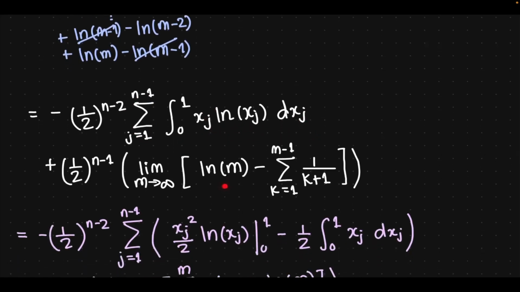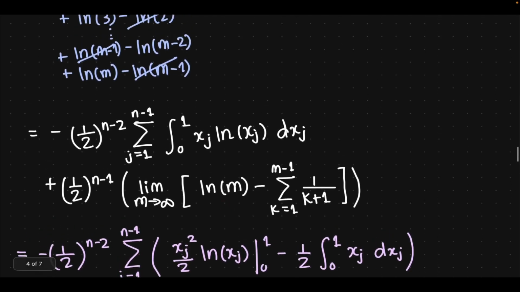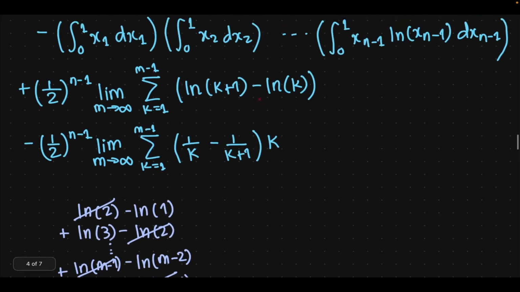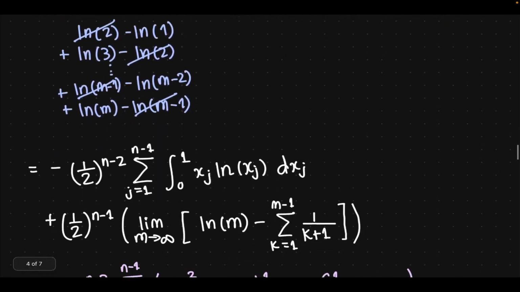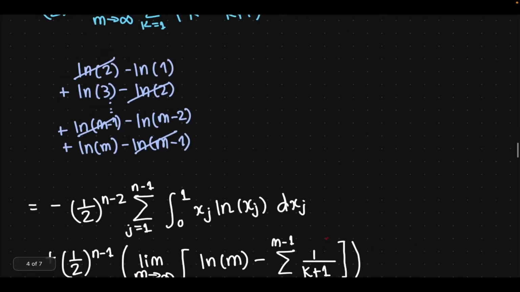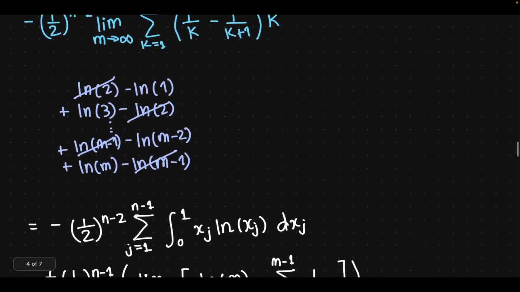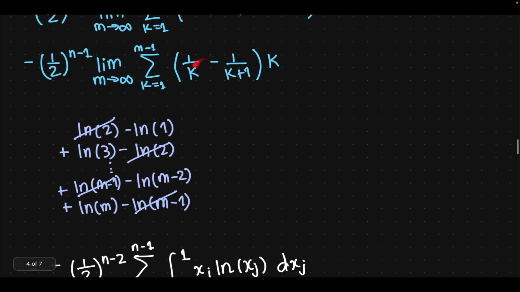So the term that remains, as I said, is just ln m in the second term here. So ln m remains, and I can simplify this right here nicely, because if I take a common denominator here, I'm going to get k plus 1 minus k over k times k plus 1, and the k's cancel out.